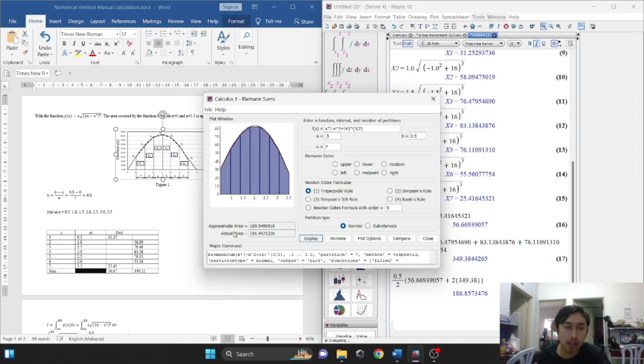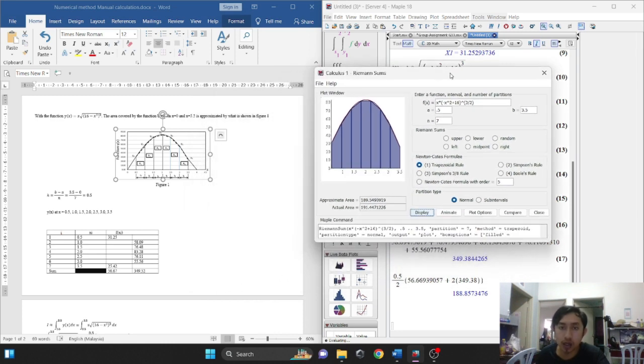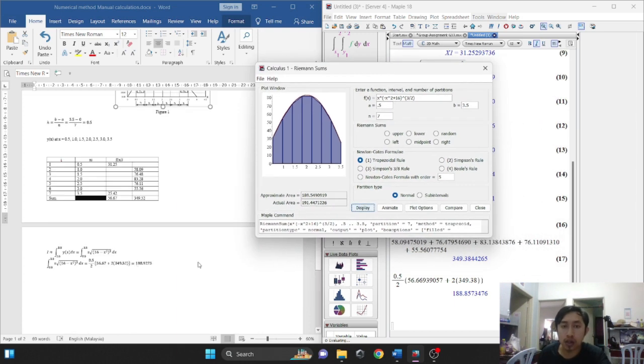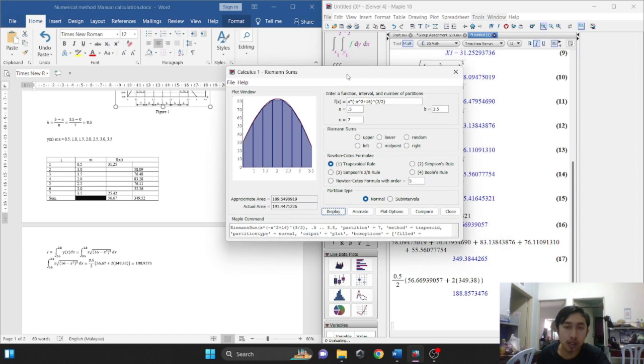So the answer for approximate area is 189.5. For actual area is 191.4, and then almost same because the is two decimal.